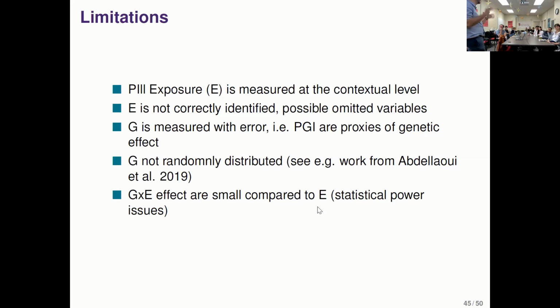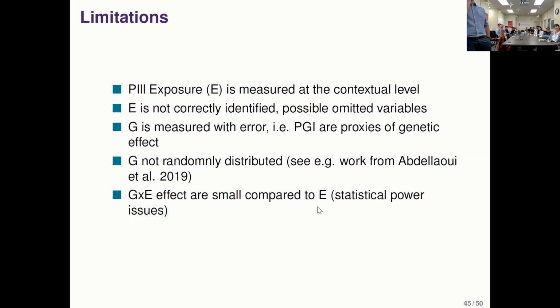Work in the UK shows that if you plot the PGIs on a map, they are higher in the London area and lower in the coal mining districts. This reflects patterns of mating and migration, and this could be a problem.